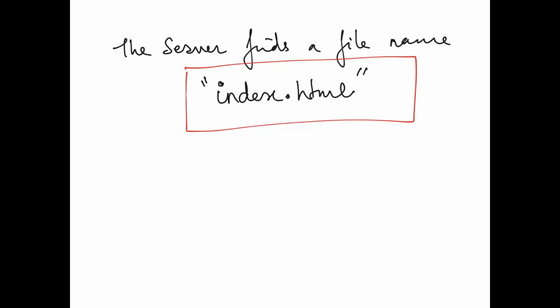Okay, and when it does that, it finds a file name which we are saying index.html, and I said that it is the default name of the home page. And what it does, it sends it to the client, right? So basically, what do we mean by it?